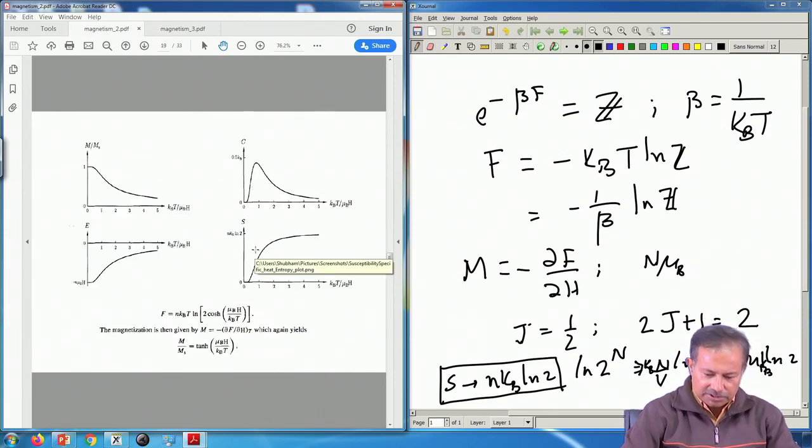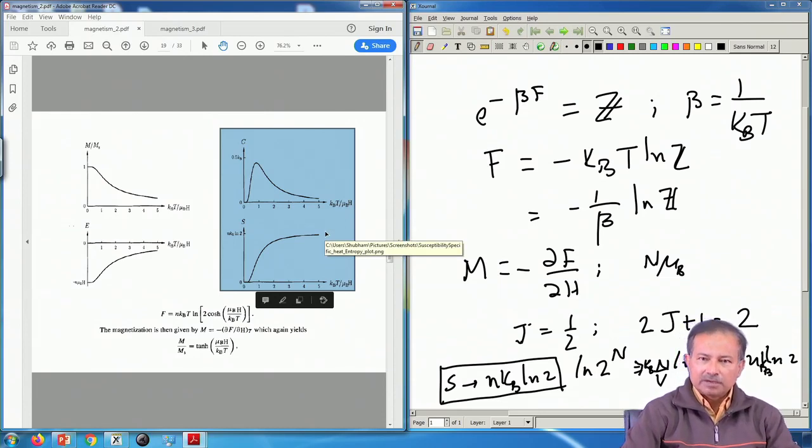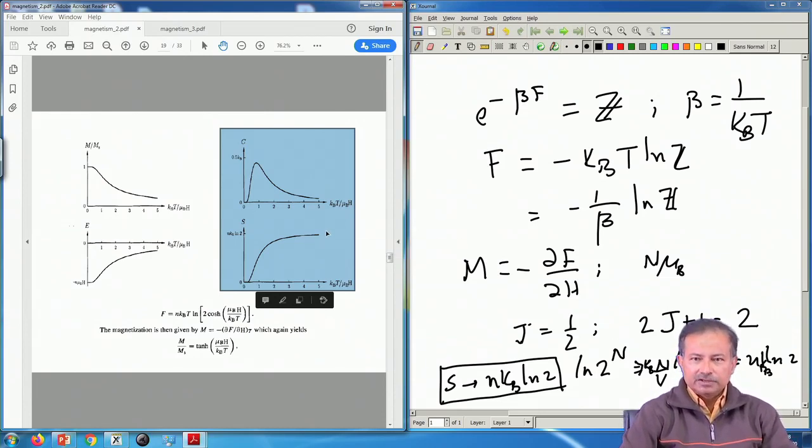It shows that the entropy at large temperatures, high temperatures, saturates to a value which is the maximum entropy that you can have out of these systems. Every spin now is accessing both the states, and so you get log 2 out of it.